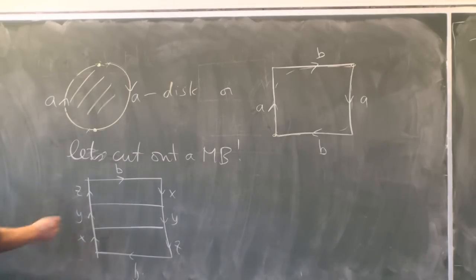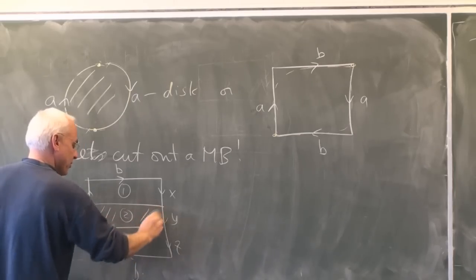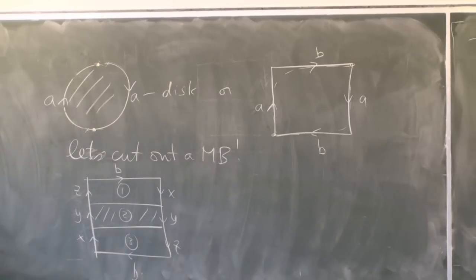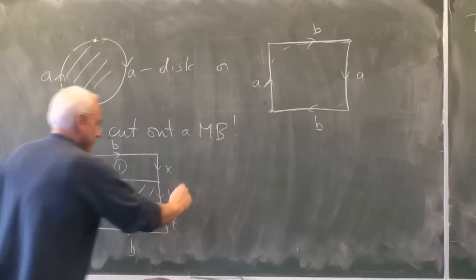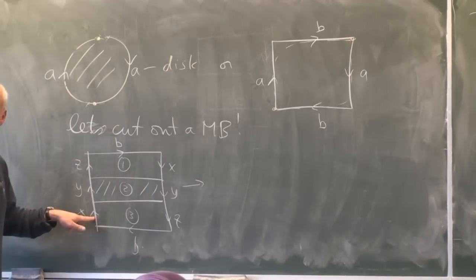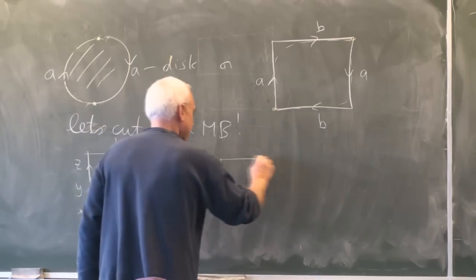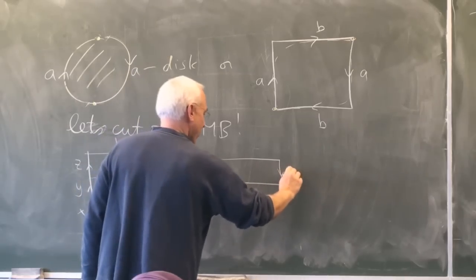And I have three regions, so I'll call them 1, 2, and 3. And the first thing we'll do is we'll take out the middle region. So when we take that thing out and look at it, there's a Y there and a Y there.